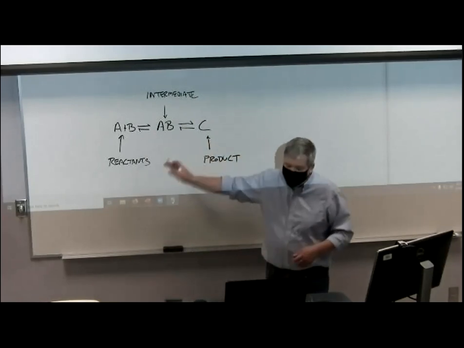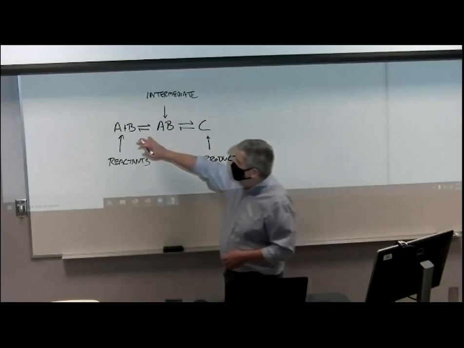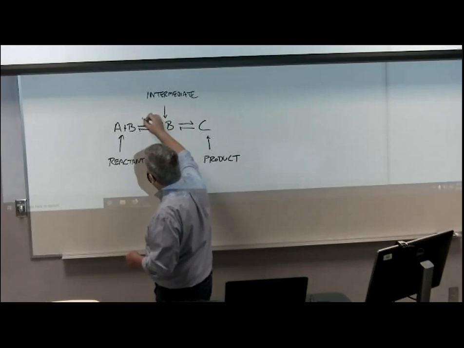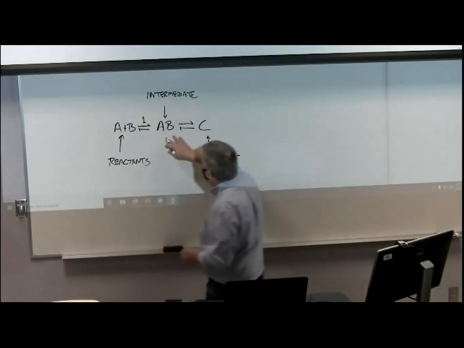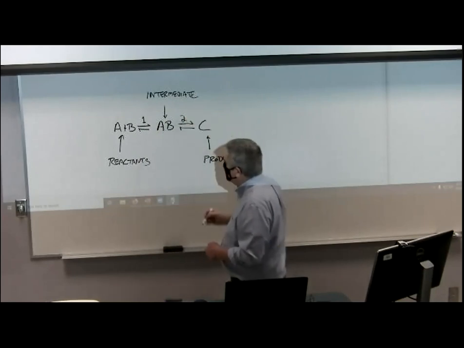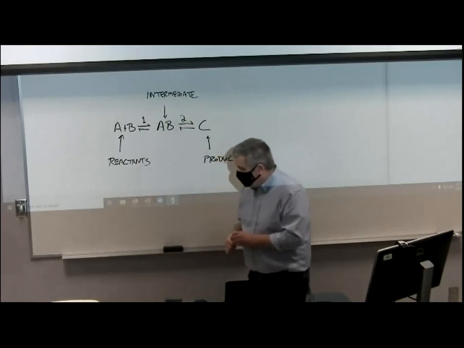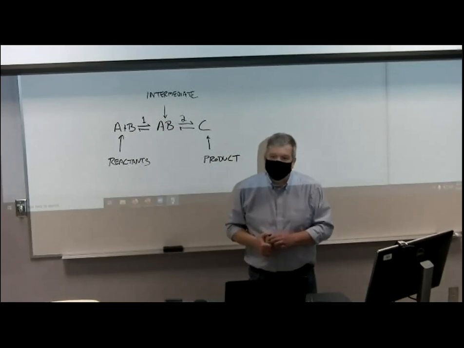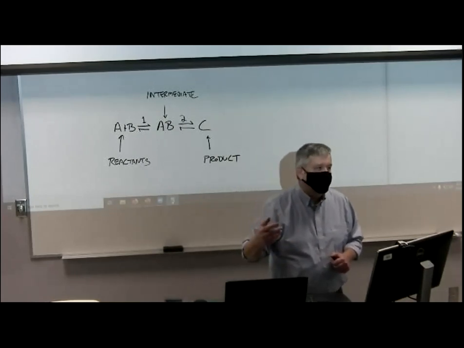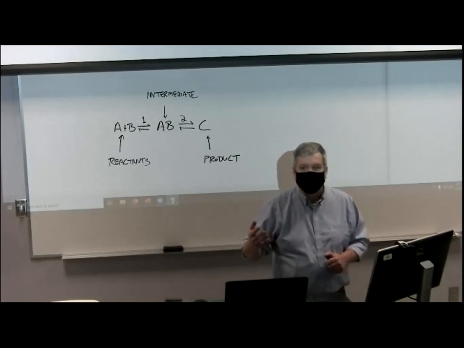So let's say this is a simple metabolic reaction. Let's say that this first reaction is mediated or catalyzed by enzyme number 1, and the second reaction is catalyzed by enzyme number 2. So there's a special term for the reactants that are acted on by an enzyme. We refer to those as that enzyme's substrate.